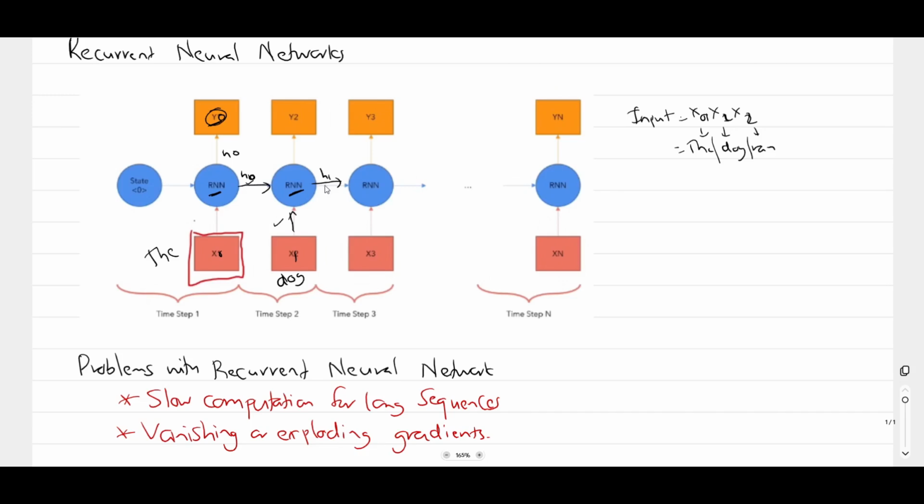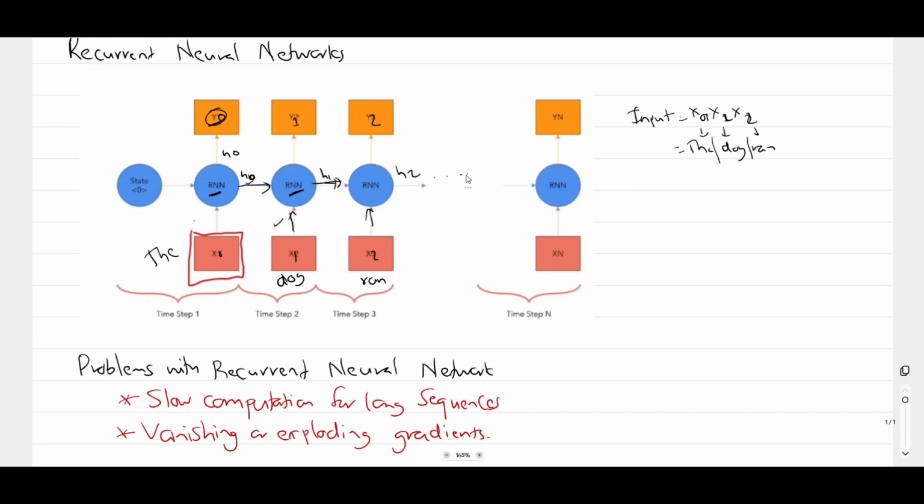Now this h1 calculates the output y1, and this process repeats for every element in the sequence. So at time t equals 2, the network receives x2, the word "ran," and combines it with the previous hidden state h1 to create a new hidden state h2 and then the output y2.